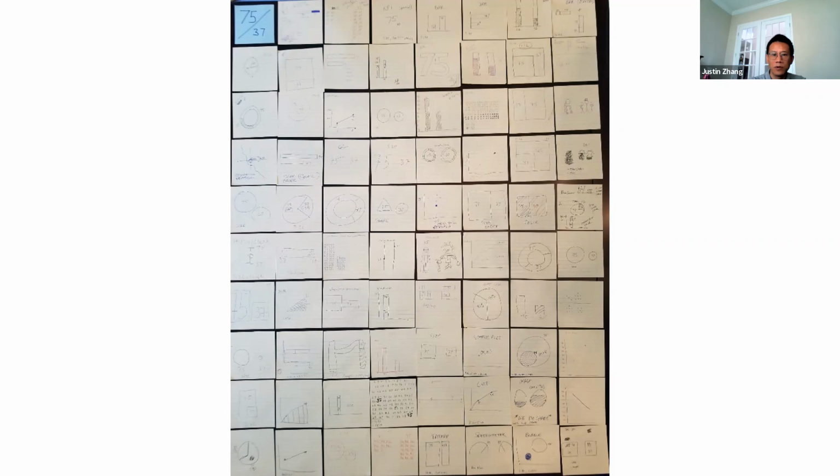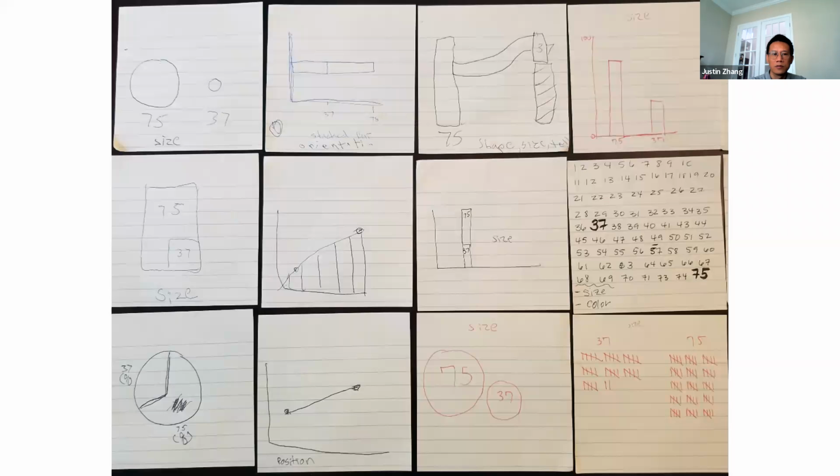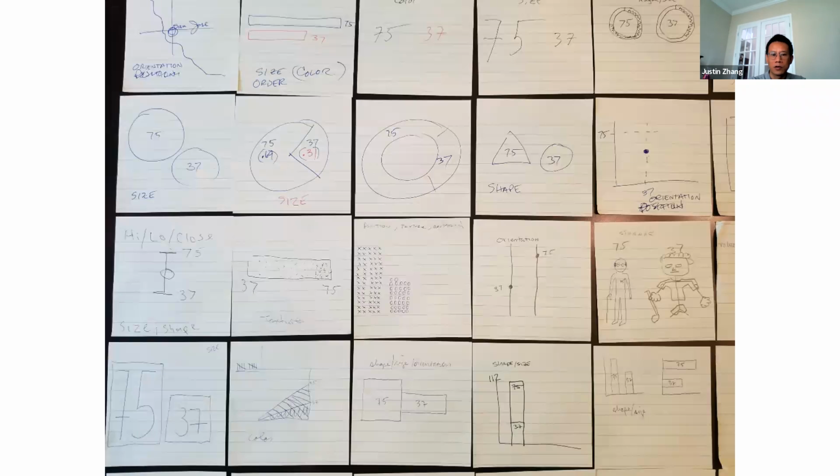So you can see many different types of charts have been used to represent these two numbers, 75 and 37: line chart, bar chart, pie chart, donut chart. Some people even used creative ways to think about the representation of these two numbers.